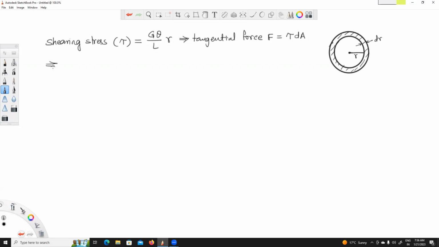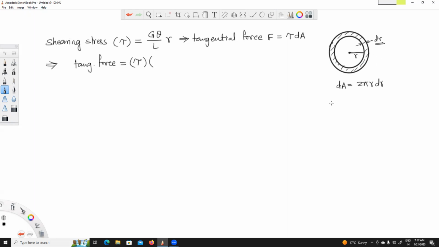So I can find this tangential force equal to this tau. What is the area of cross section of this? Circumference times thickness. As we are assuming a small thickness, small area equals circumference 2 pi r with a certain thickness dr. If you have a large thickness, then you have to consider the area of the larger circle minus the area of the smaller circle.